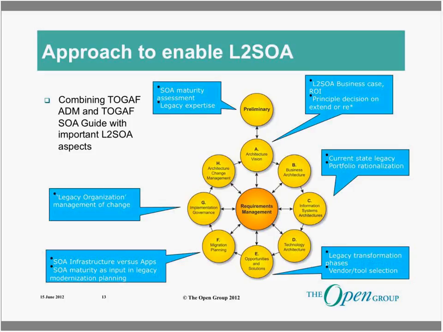One of the things is, for example, in the preliminary phase, it's important to assess the SOA readiness of the organization, but also the current legacy landscape. One of the results will be an assessment of the so-called SOA state of the legacy architecture, the baseline used in the cycles in the architecture.